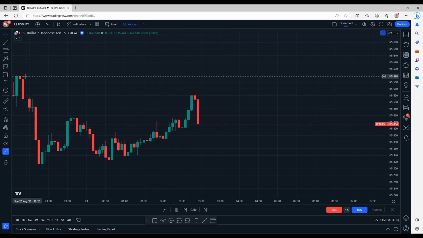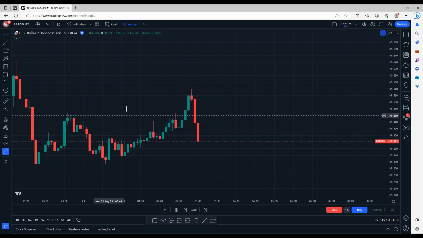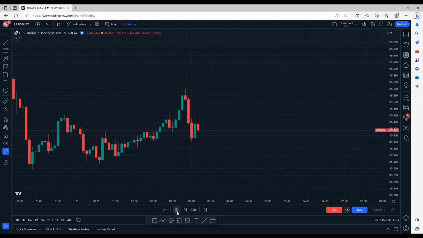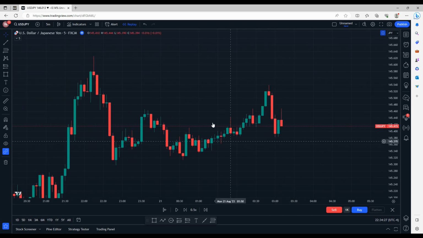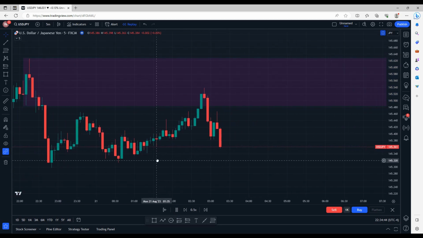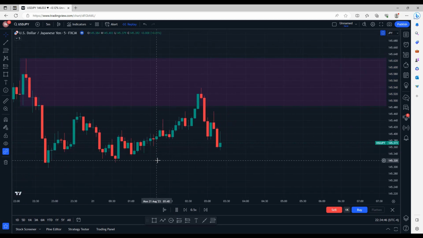So instead of going trending down, it's either ranging, or actually looking at that here, it looks like it's just reacting off of this now. So let's see. Yeah, exactly, that's what it's doing.